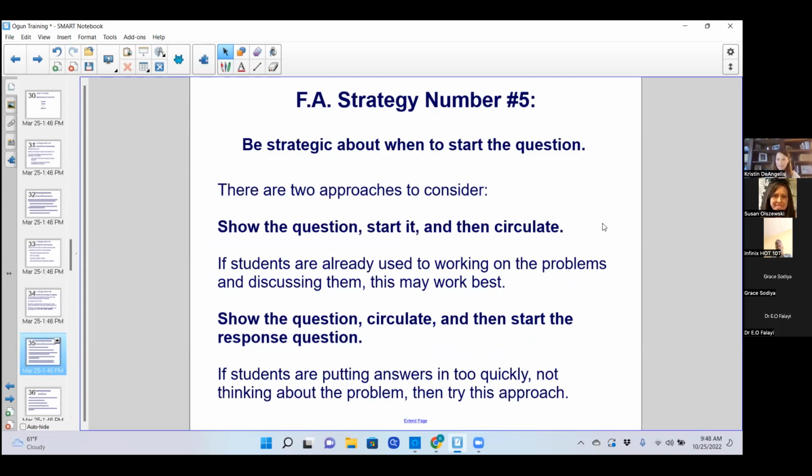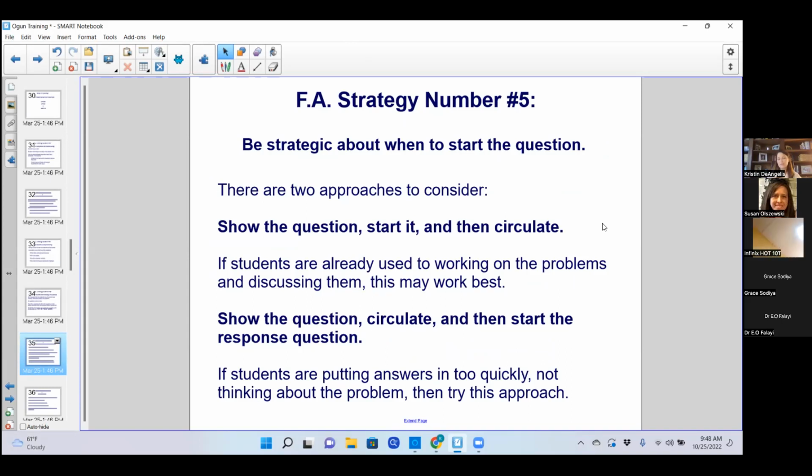This is a little tricky, and it takes time as well. Know when to start the question, and also when to stop it. If you present one of the formative assessment questions, you want the students to talk a little bit in their group. "Oh, I think it's this because..." and they're sharing and talking. They're still going to answer independently, but they talk first, and then you want them to answer.